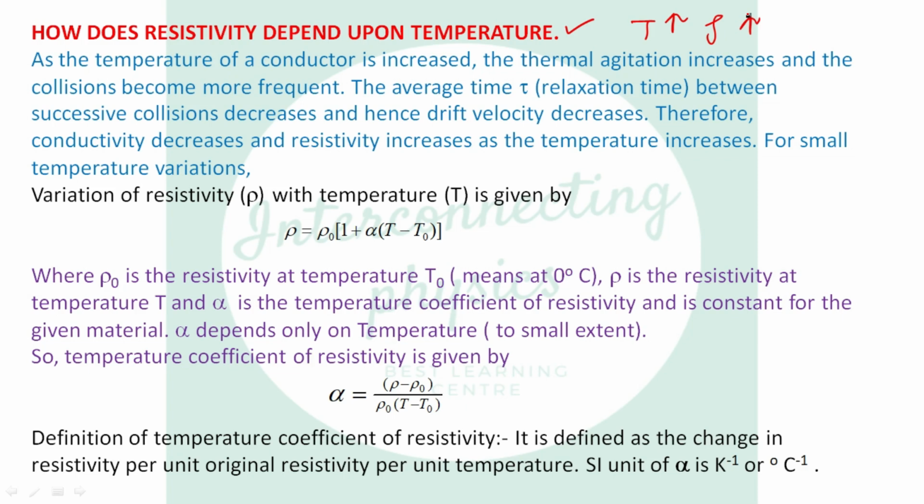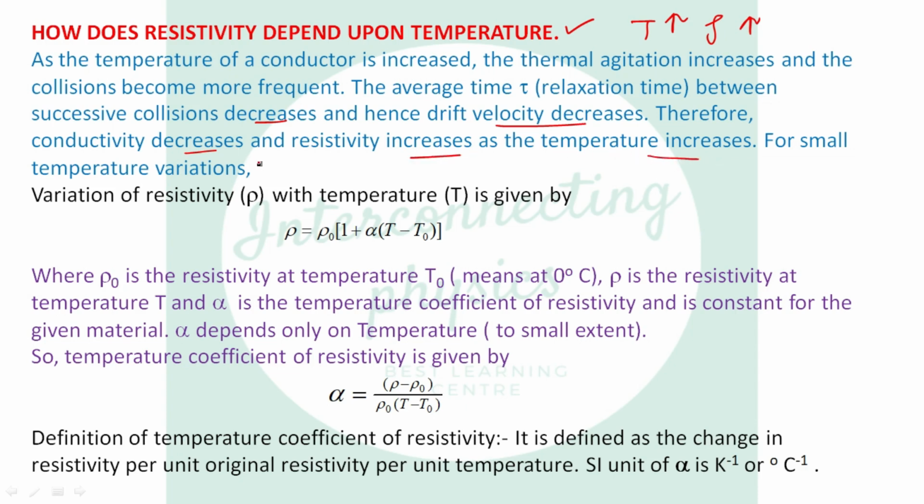We already know as the temperature of the conductor increases, thermal agitation increases. Thermal agitation means thermal speed will be increased. There will be more and more collisions between the electrons and between the electrons and ions. That means the average time between two successive collisions decreases. Therefore, conductivity decreases and resistivity increases as the temperature increases.